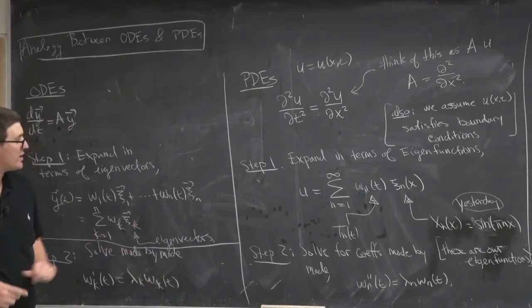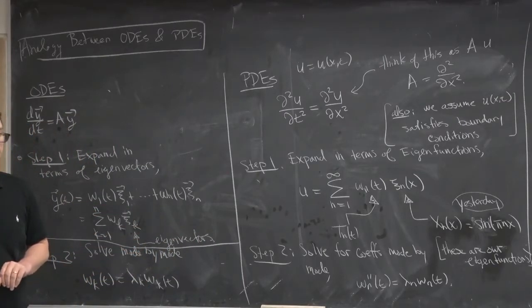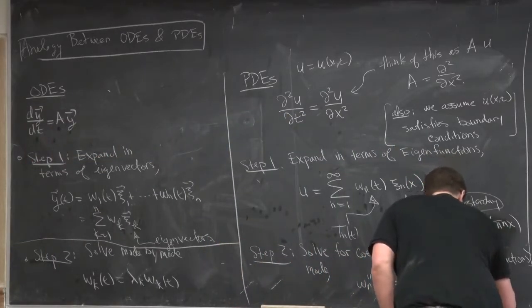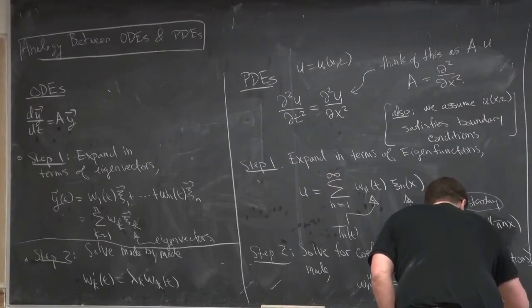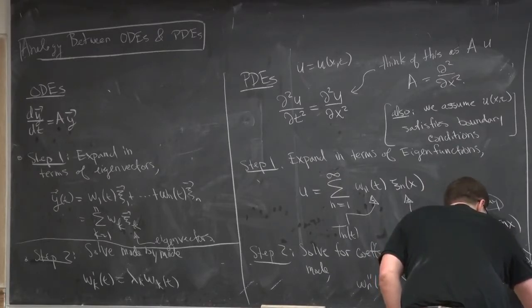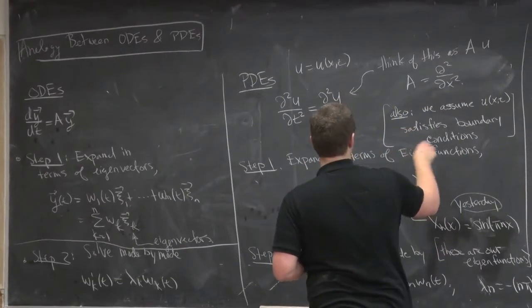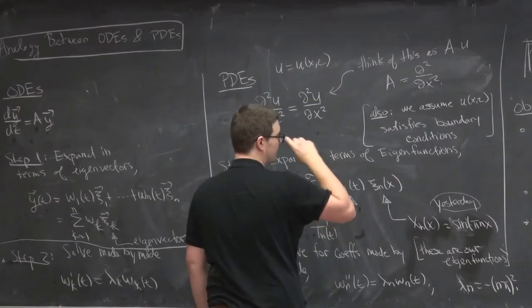This was the other equation that we got from separation of variables. And lambda_n, we solved, was equal to negative (n pi) squared. And the interval here, I guess, was the interval 0 to 1, right?